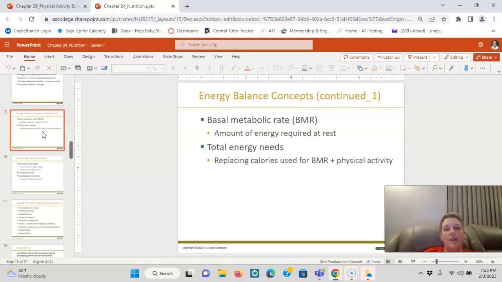That's going to let them know how many calories you need a day. So when you know that number, then you can decide how to balance calories with BMR and your physical activity. How much physical activity do I need? How much reduction of calories do I need?